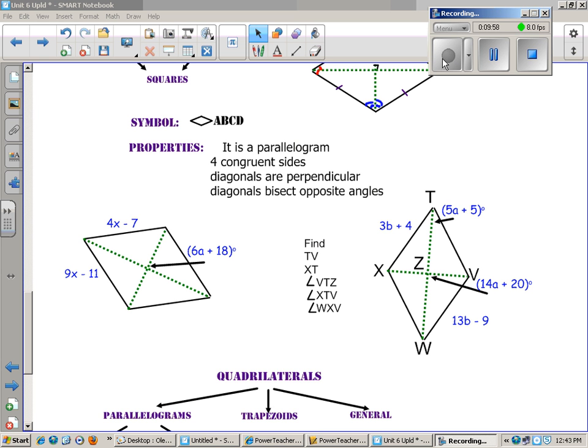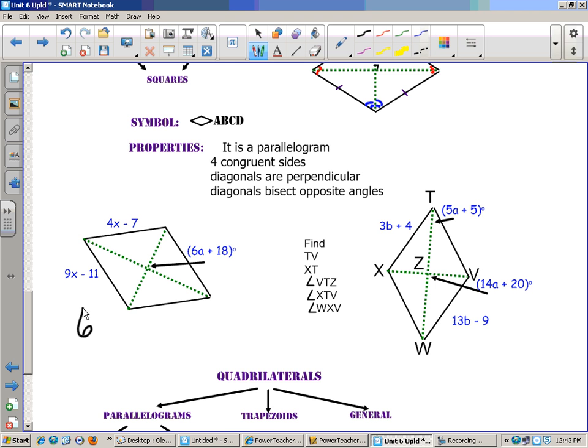She said we can set this equal to 90 because why? What are these called? These diagonals are perpendicular, which makes right angles. So you're right. I said 6a plus 18 equals 90 because in a rhombus, they're all right angles. So 6a is 72 and a is 12.